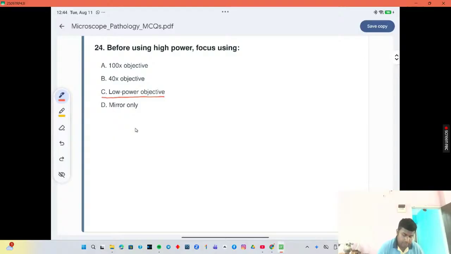And after doing adjustment, we should go up to 40x and 100x respectively. So before using high power objectives, we should focus on low power objectives, and then we should gradually increase the power and opt for high power objectives. I think you are finding this question very interesting.